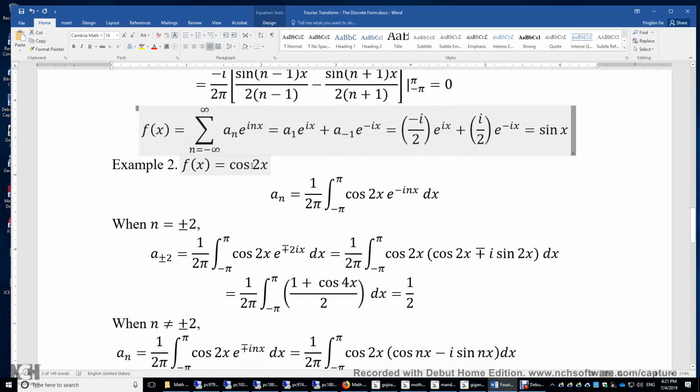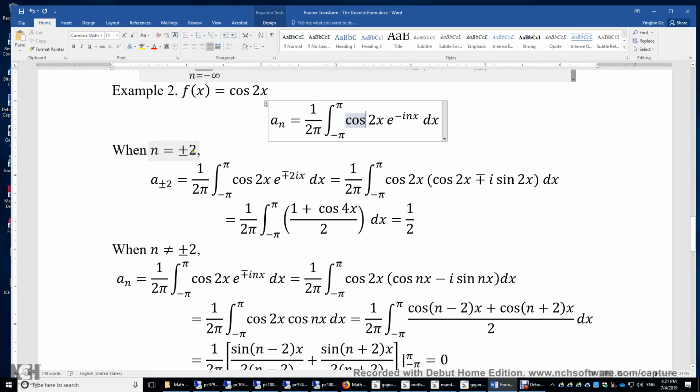Example 2, cosine 2x. Similarly, a sub n is 1 over 2 pi times the integral of cosine 2x times e to the power of negative inx dx. And then if n equals plus minus 2, similarly, we evaluate this integral. We expand this e to the power of plus minus 2ix, and again, the integral of an odd function is 0 if the lower limit and upper limit are opposite to each other.